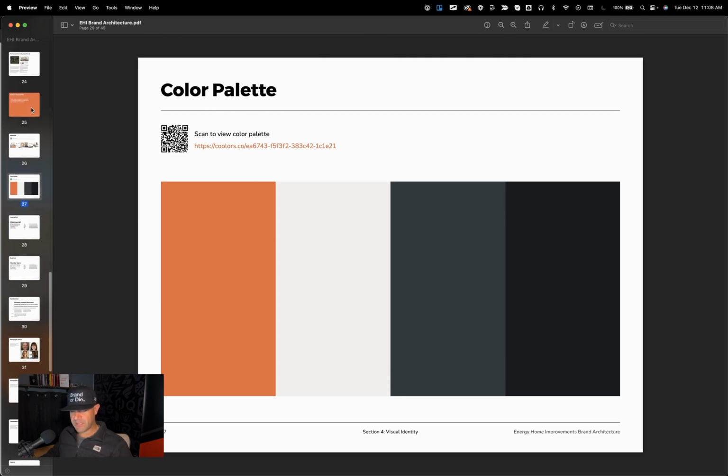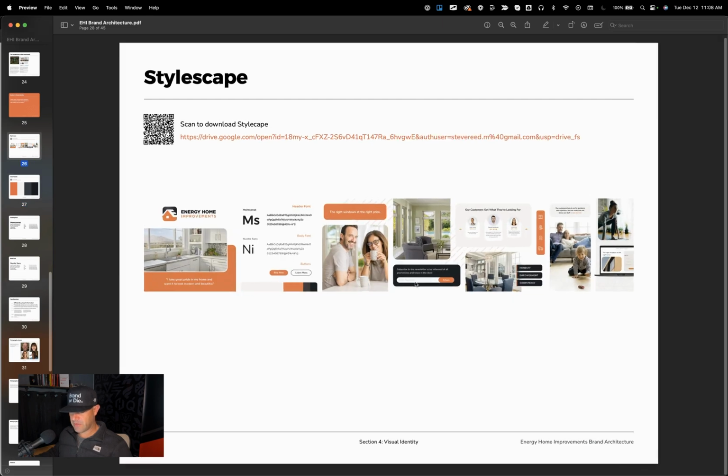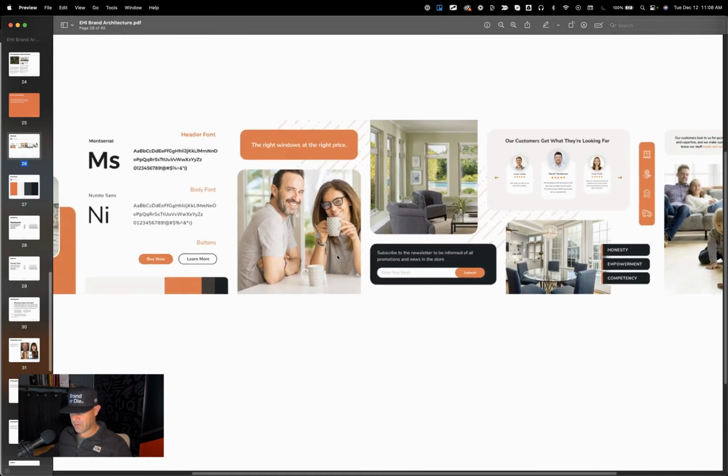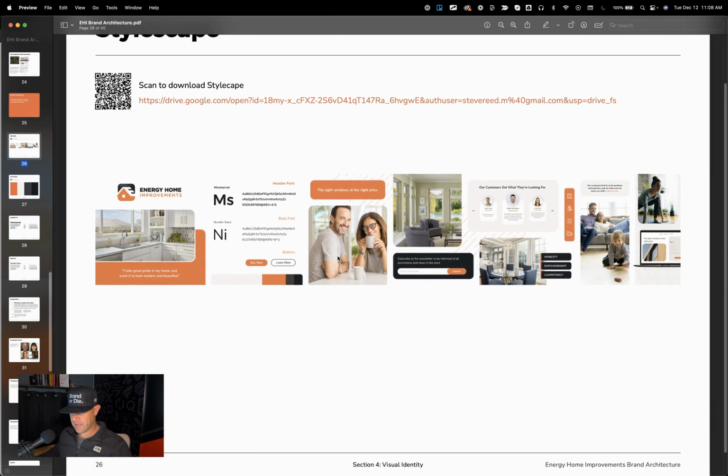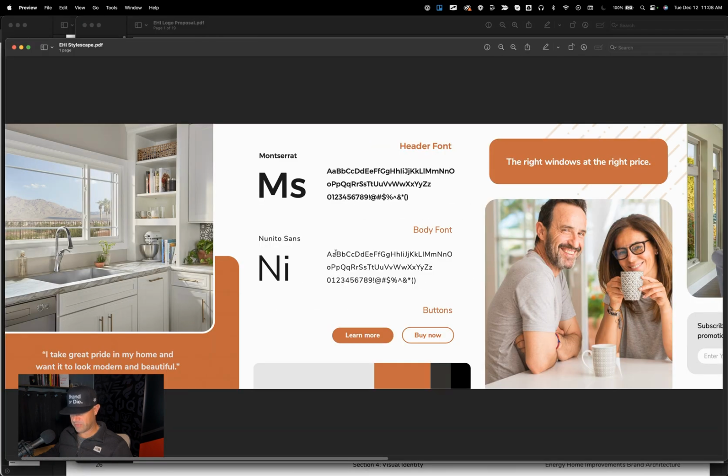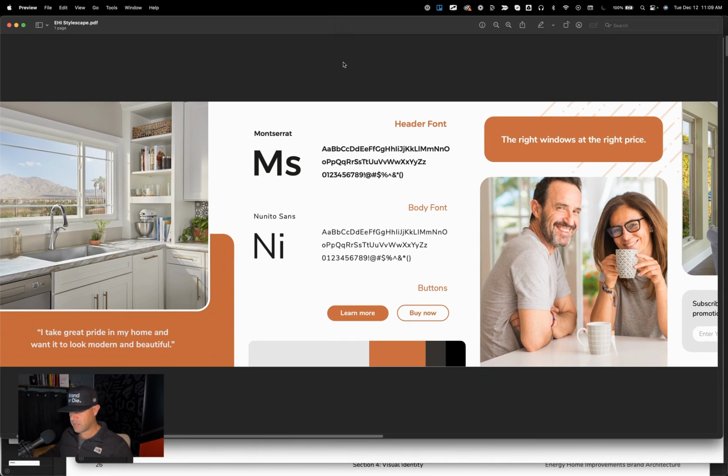Now in the visual identity portion, the first thing we do is figure out what our visual identity is going to look like. And let me switch over here to the Stylescape. So once we have all that information, there's a lot of data that has to go in, and we interview customers and people, and we get into their heads a little bit. But we take a look at everything we know about them, and then we try to craft a visual identity that fits the messaging and the personality of the brand that we're going with.